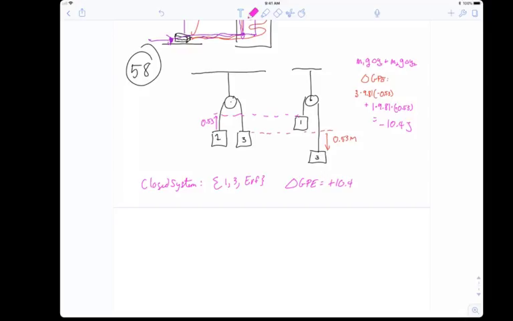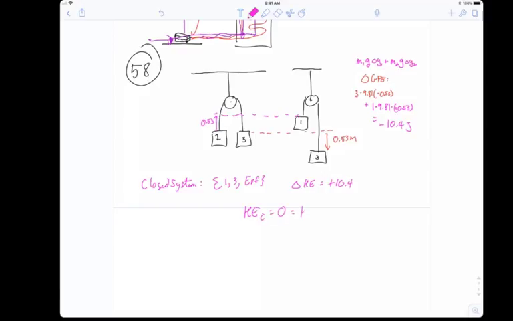So that's the change in kinetic energy. Okay. So, wait, no, hold on. KE initial is 0 because the blocks start at rest.